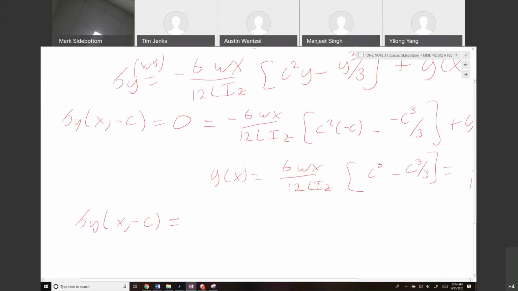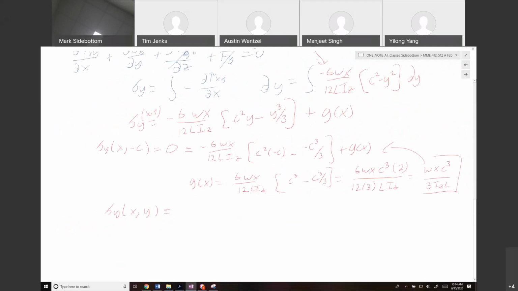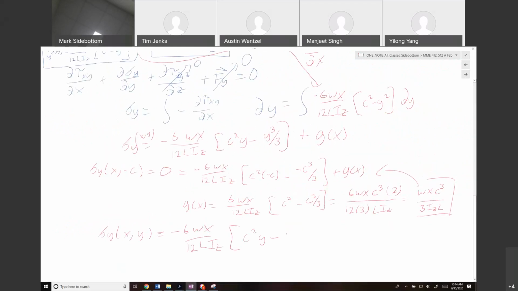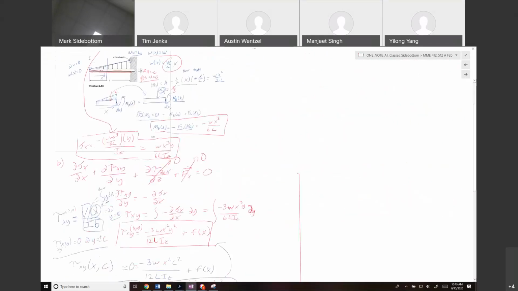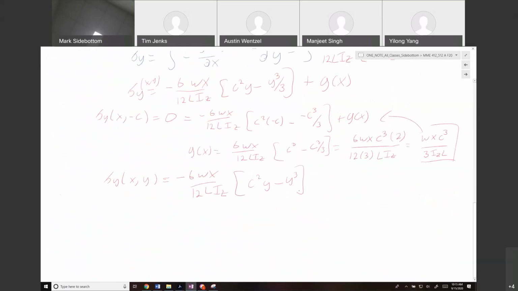Sigma y, which is a function of x and y, would be equal to minus 6wx over 12 l Iz times c squared y minus y cubed over 3, plus w x c cubed over 3 Iz l.